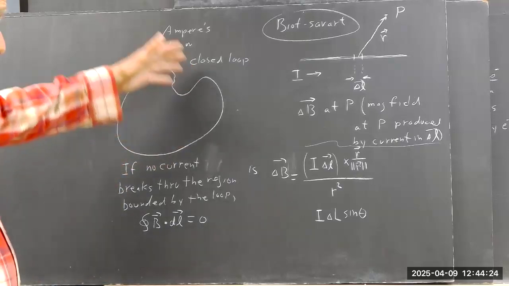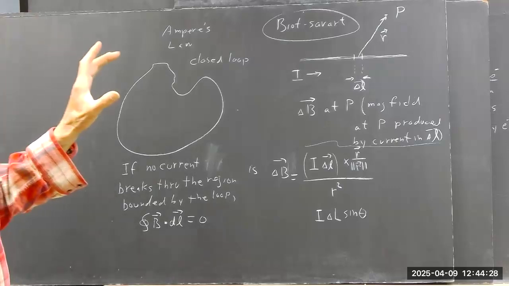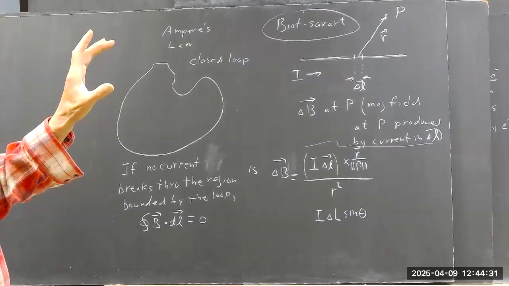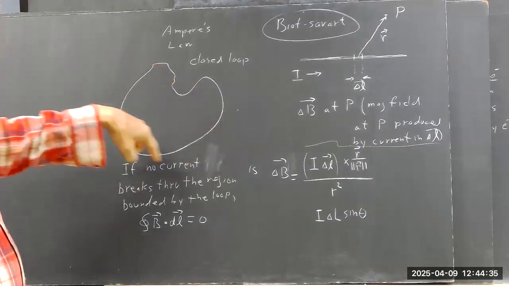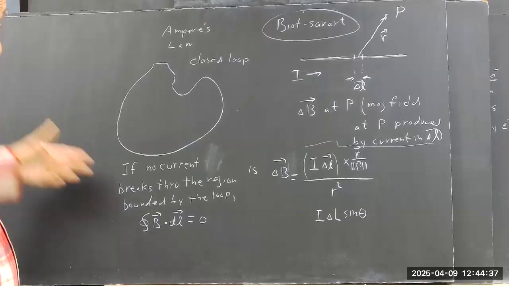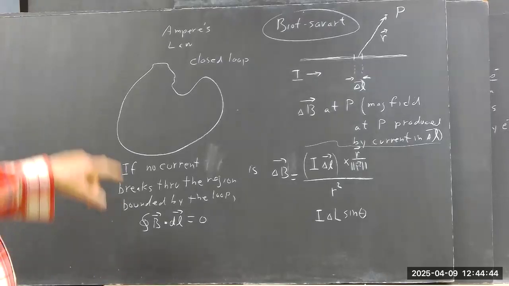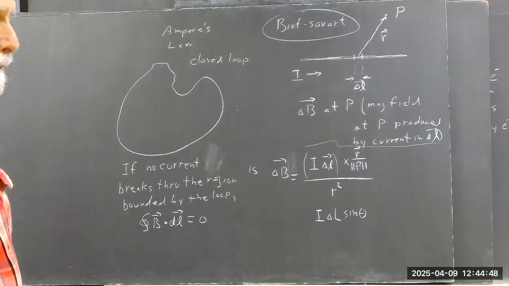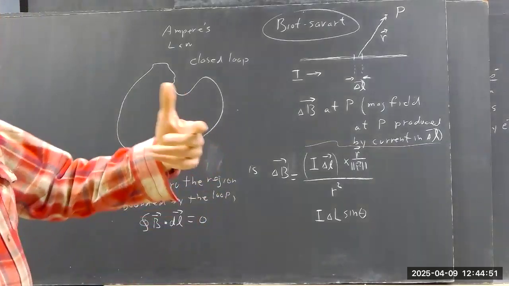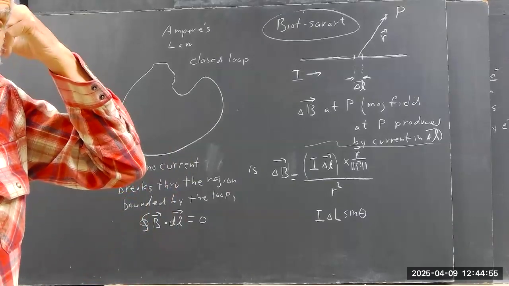There could be a magnetic field here. You could have a magnet outside of here, and hold a magnet out here, and there'll be a magnetic field at every point of the loop. But when you integrate around the whole loop, the positive contributions and the negative contributions cancel each other out.